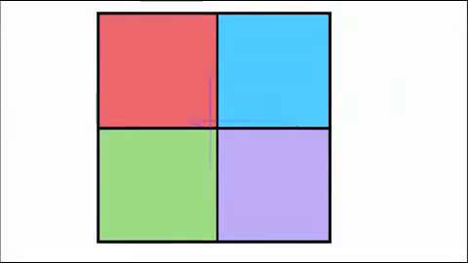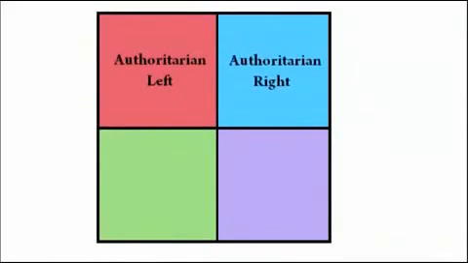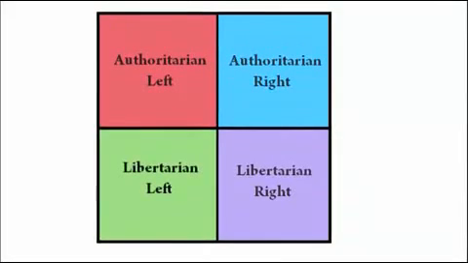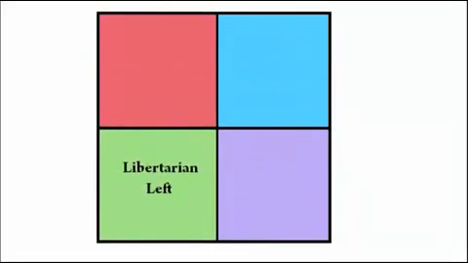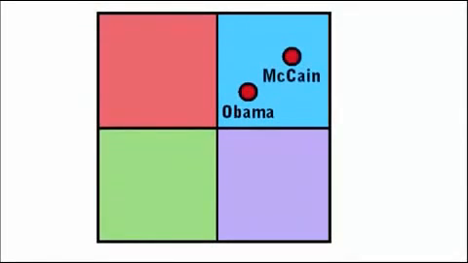This leaves us with roughly 4 fields on the scale: the authoritarian left, the authoritarian right, the libertarian right, and the libertarian left, which is the one we'll be focusing on in this video, as this is where we'll find the anarchist ideology. In order to understand how this scale works, we can for example see that Barack Obama and John McCain both are found in the authoritarian right field, while for example Ralph Nader would be found in the libertarian left field.